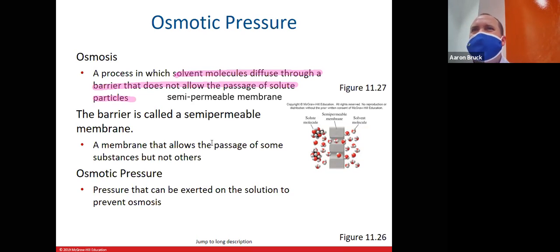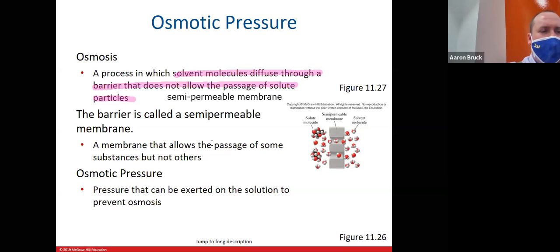Usually that means that solute particles, things like sugars, salts, other kinds of things, are too big to pass through the membrane. But water molecules are capable of. Osmotic pressure is about this process of osmosis, which occurs on its own, naturally, without any outside interference.